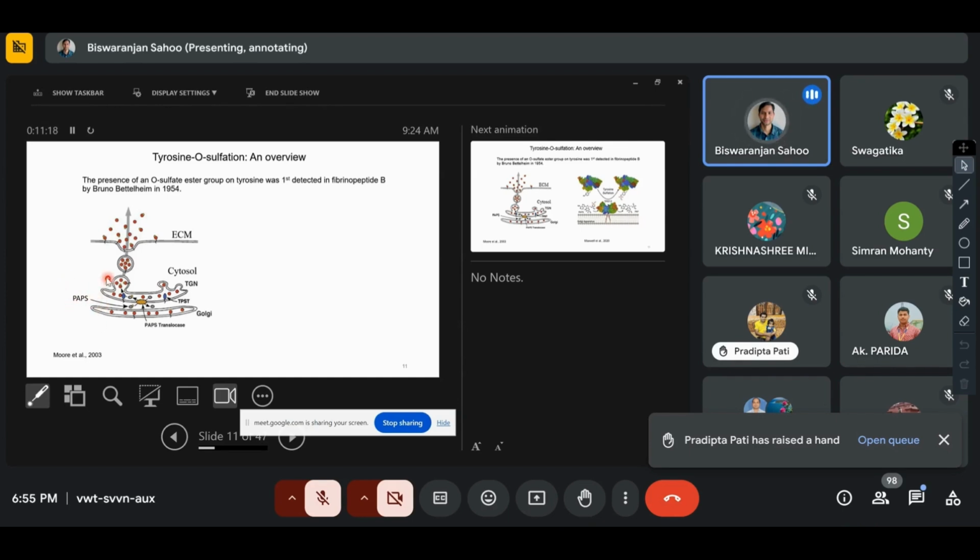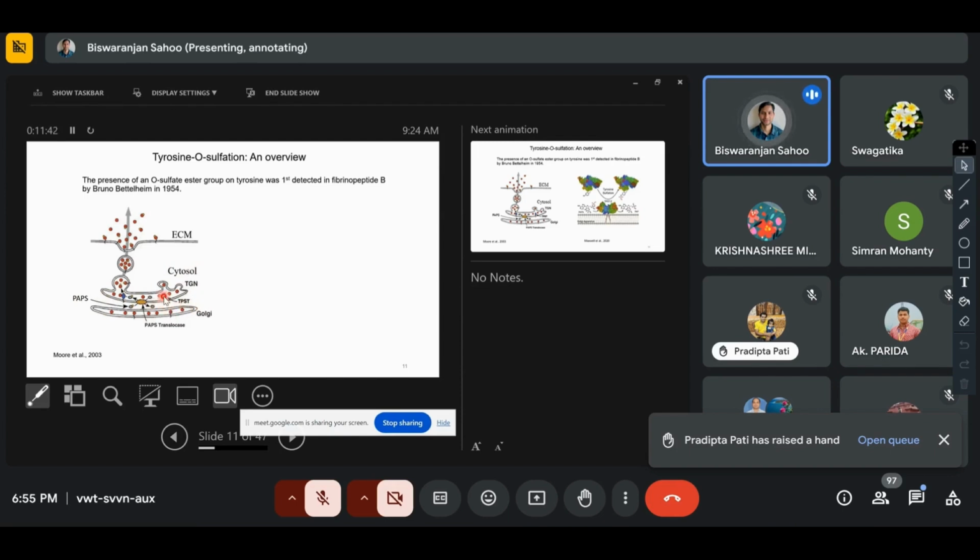PAPS is taken from the cytosol into the trans-Golgi network. The Golgi has cis and trans sides, and in the trans-Golgi network the enzyme TPST, tyrosylprotein sulfotransferase, catalyzes the reaction of tyrosine sulfation.